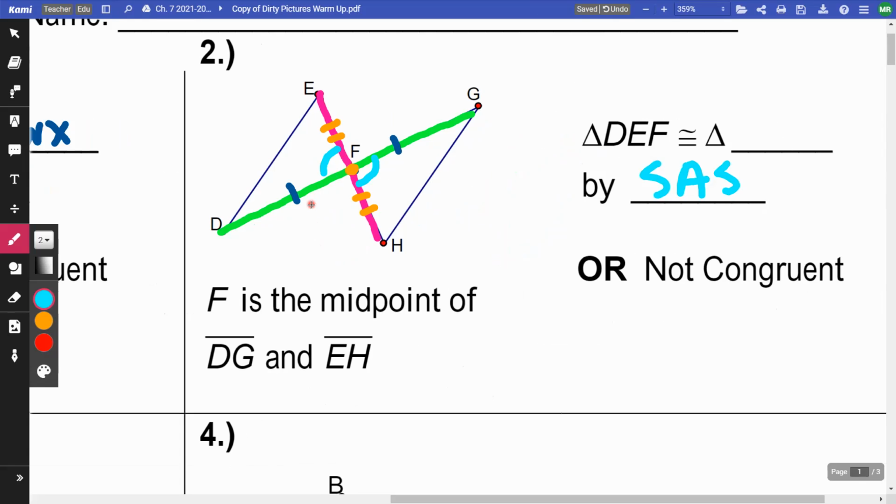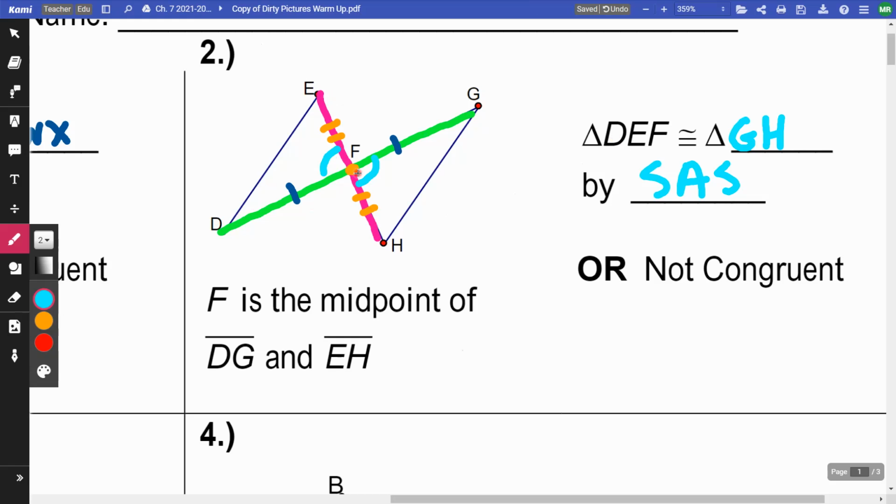And when we're doing this, we want to make sure that we have things in the same order. So D is right here on the end point of this green line. So G is going to correspond to it in the other triangle. So I'm going to call that G. E is over here at the end of this pink. That's going to correspond with H. They're in the same spot in the other triangle.